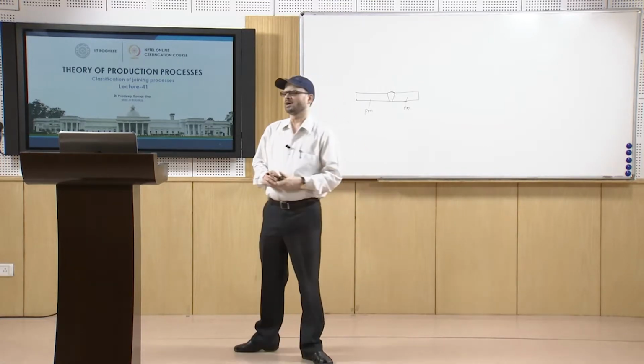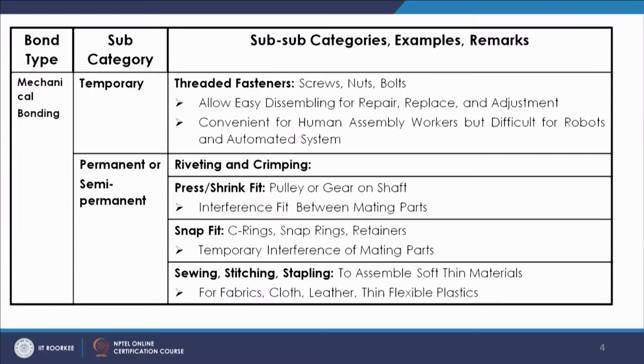Now, coming to the subcategories and examples, we come to mechanical bonding. We discussed that the mechanical bonding may be temporary, permanent or semi permanent.